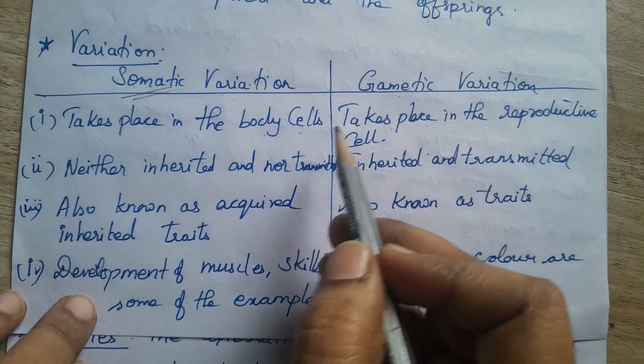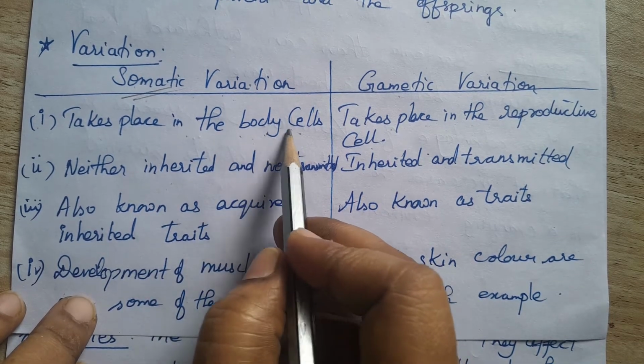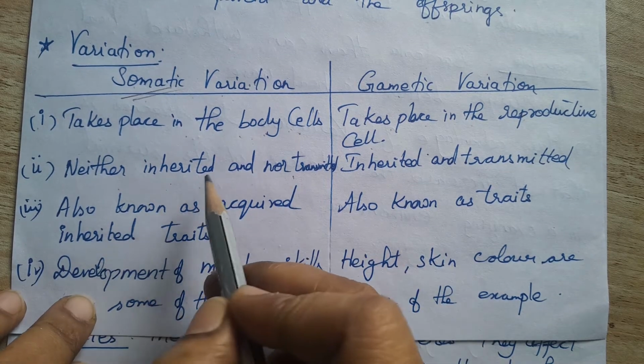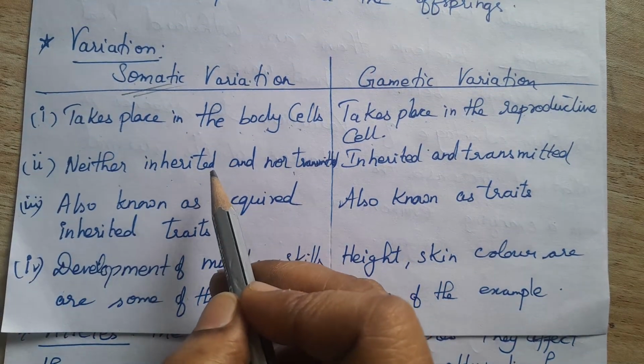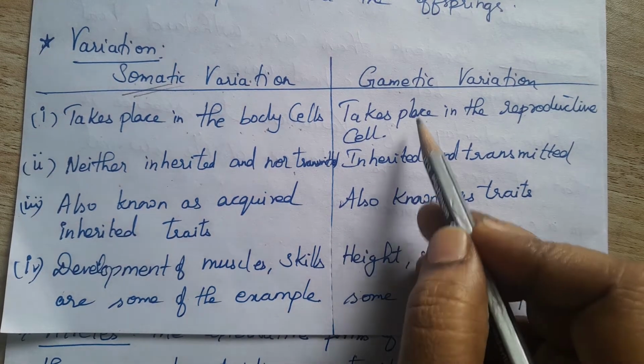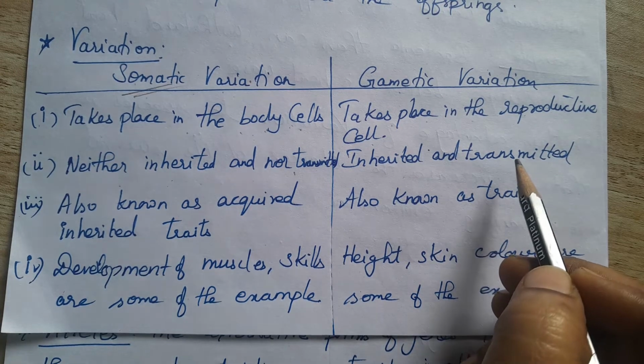The changes that take place in the body cell are never inherited or transmitted. These kinds of changes cannot be transmitted from parents to the offspring. And gametic variation is inherited and transmitted to the offspring.